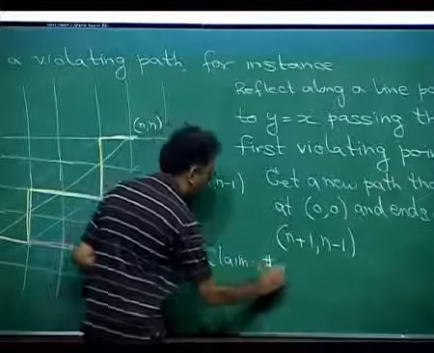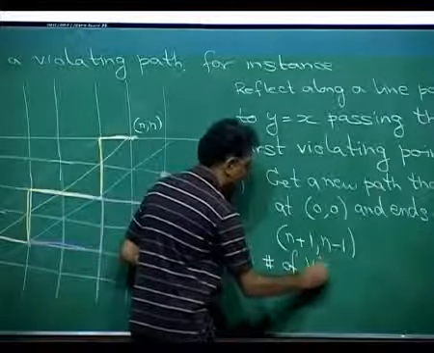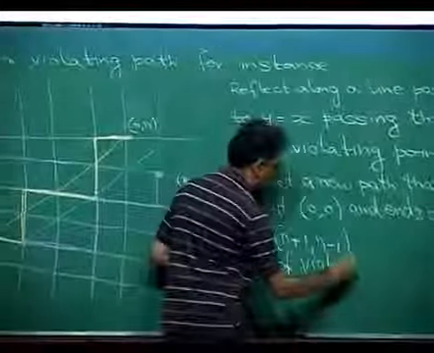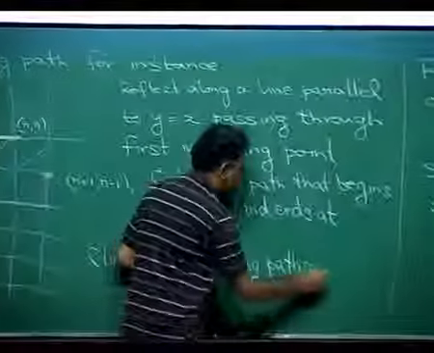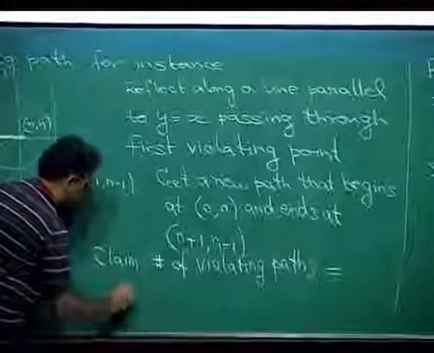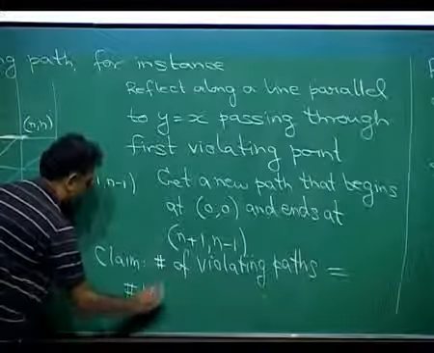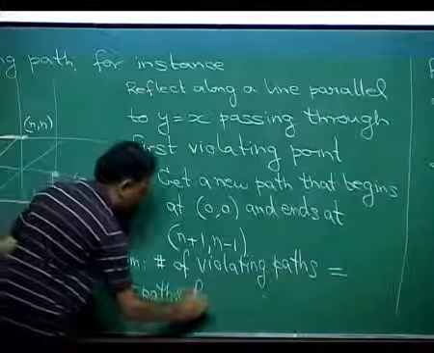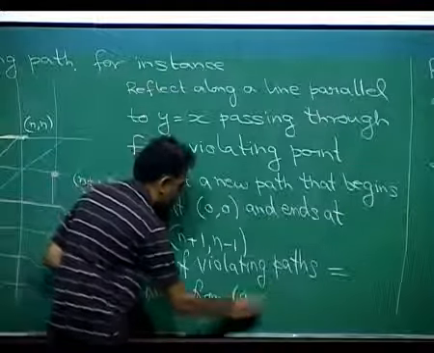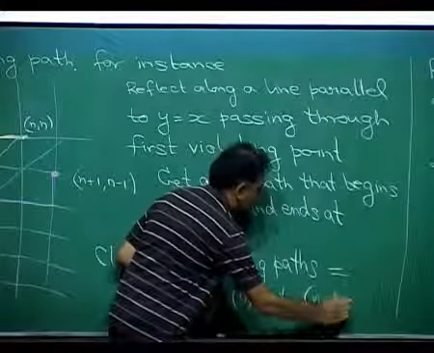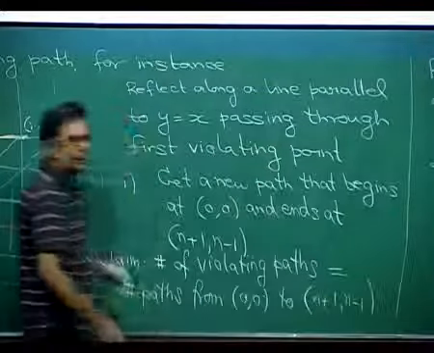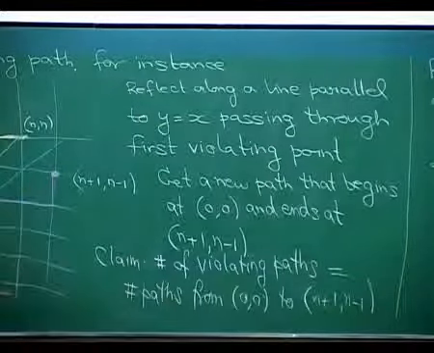So the number of violating paths, I claim, equals the number of paths from 0, 0 to n plus 1, n minus 1. Let us try to understand the justification for this claim.